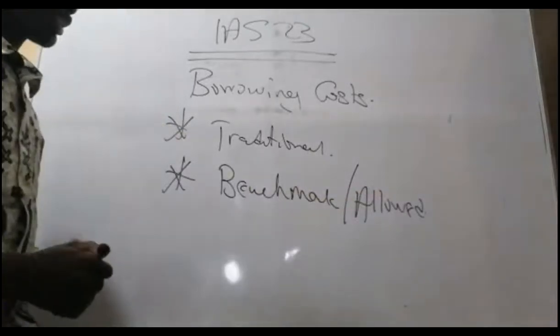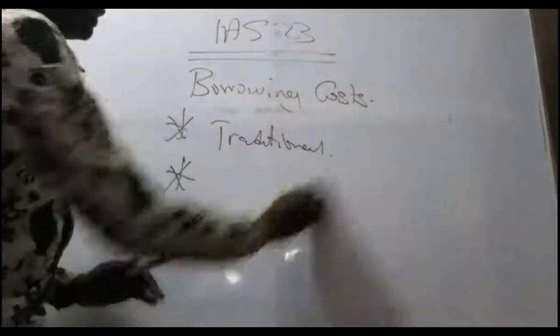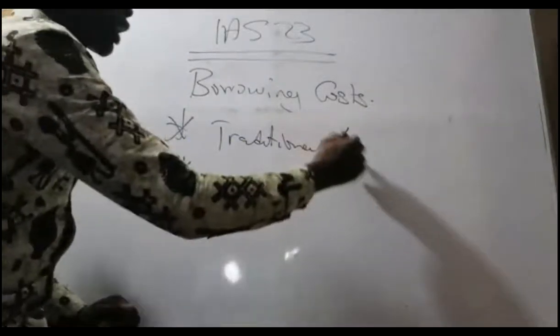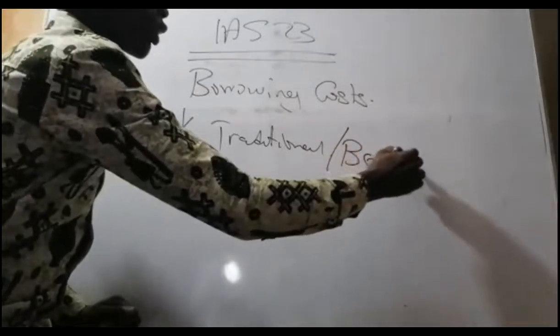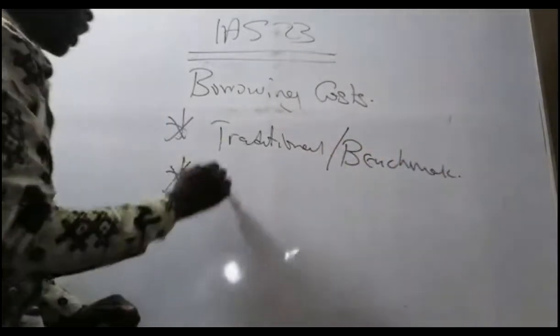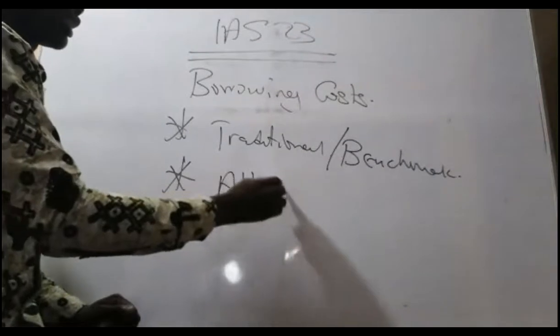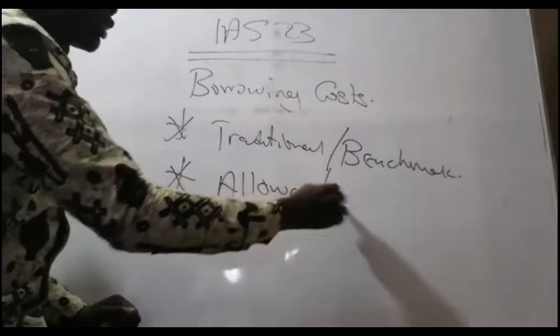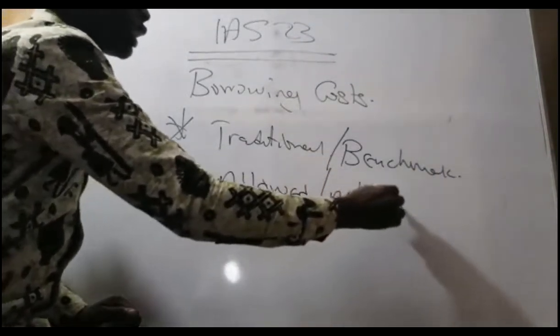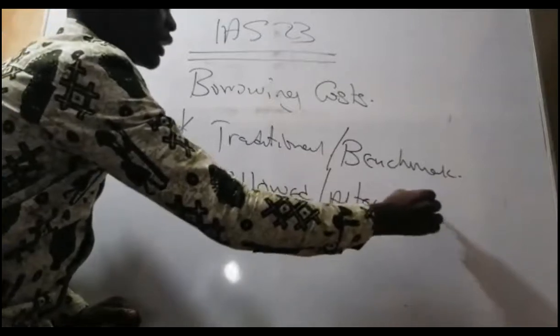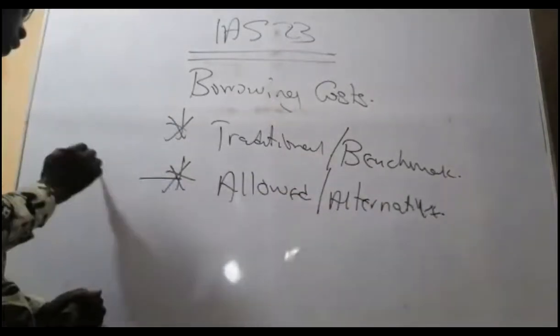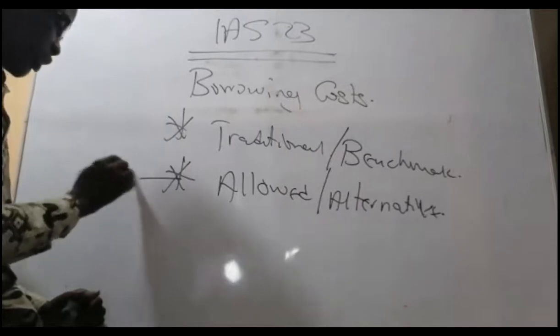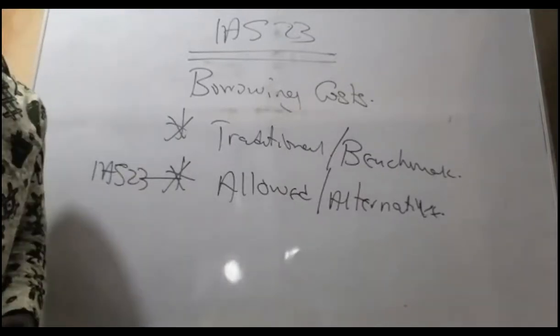The traditional is the same as the benchmark. Then we have the allowed or the alternative treatment. Basically, IAS 23 is the alternative.